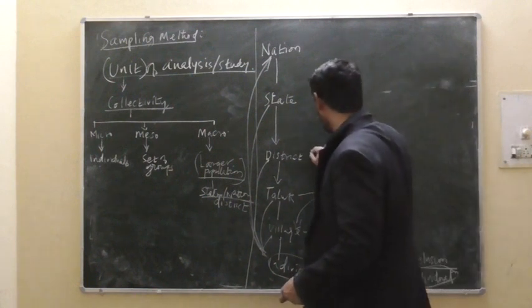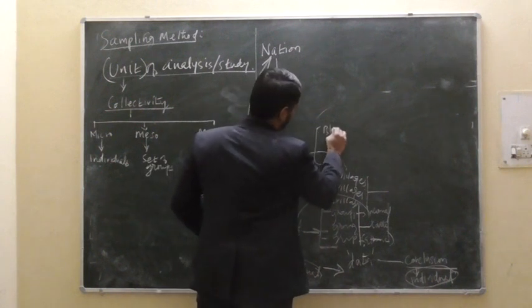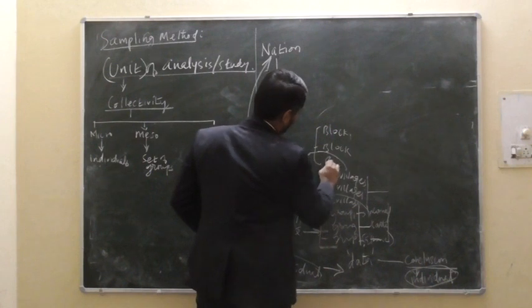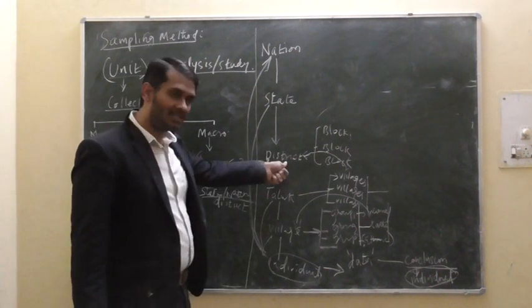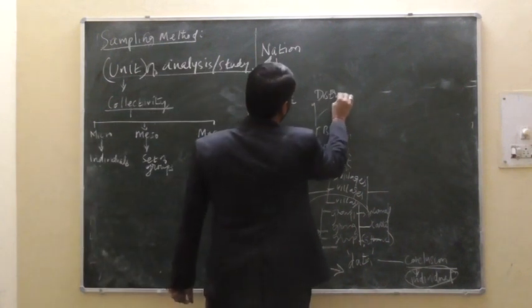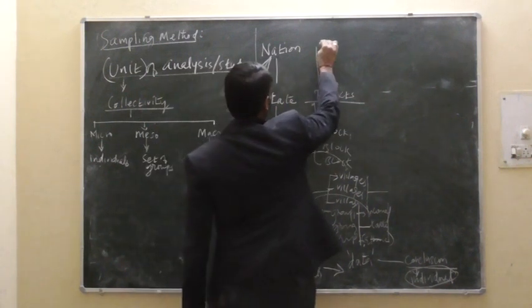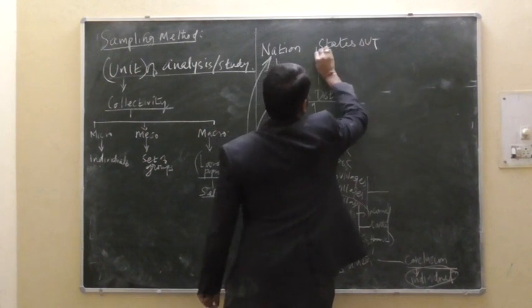Suppose I am moving to the district level, which consists of different blocks: block 1, block 2, block 3. When I move from the district to the state, the state comprises different districts. And the nation comprises different states and union territories.